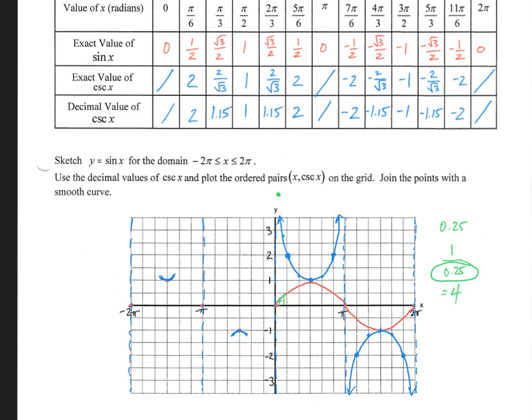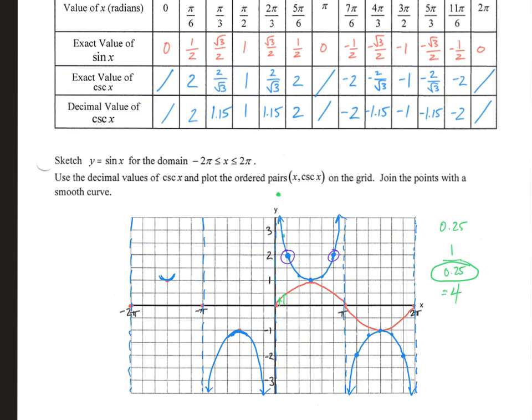Just with that information, my guess is you could probably create a pretty good graph, and we wouldn't need to focus in on our 2's, our pi by 6's, to get the shape. I think if you said, well, I know that I have to approach that asymptote, and I have to approach that asymptote, and I really just try to make a well-rounded curve, then you can get pretty close at times.